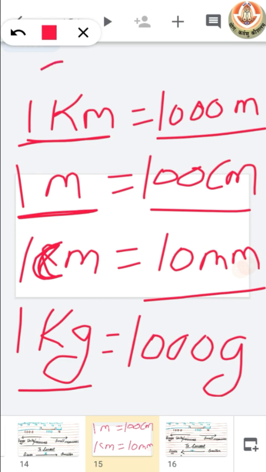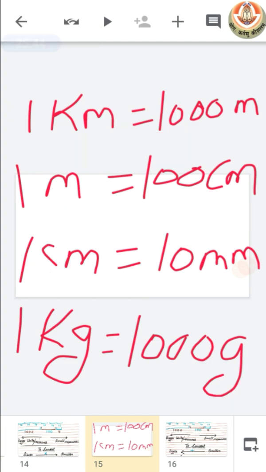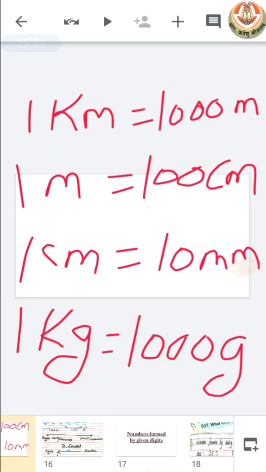Similarly, 1 kilogram is equal to 1000 grams. So you have to learn these basic conversions.